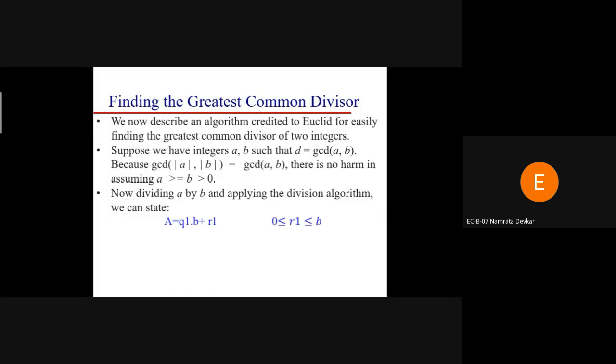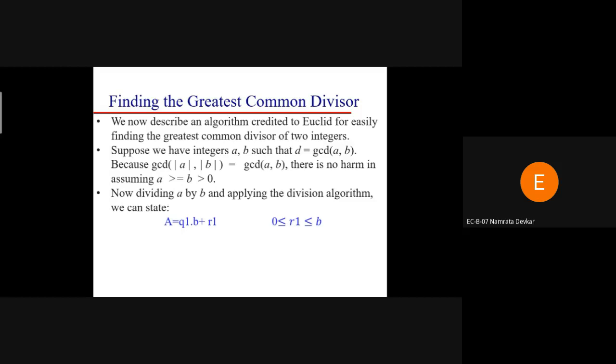Based on the division algorithm, a is equal to q1 into b plus r1.